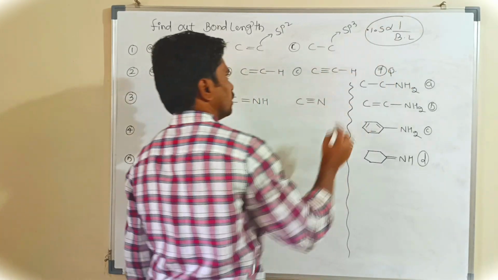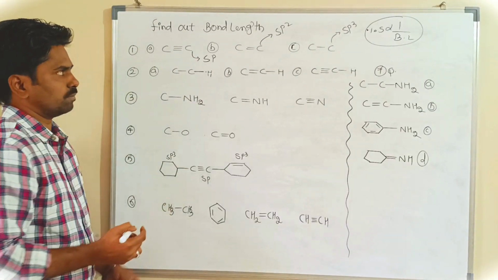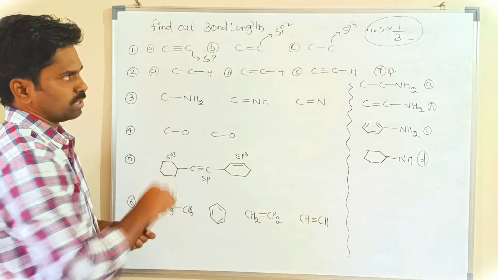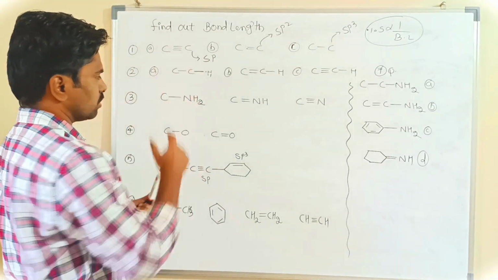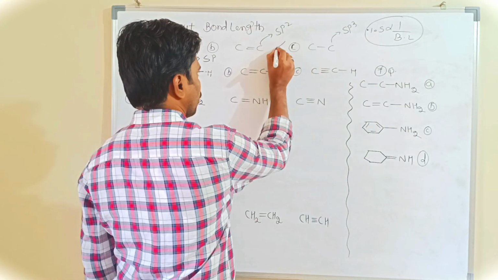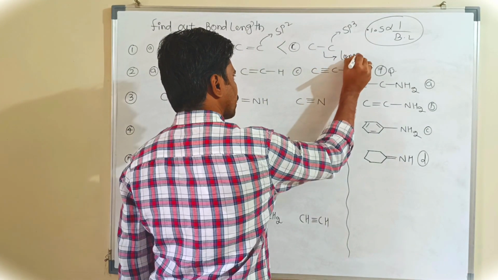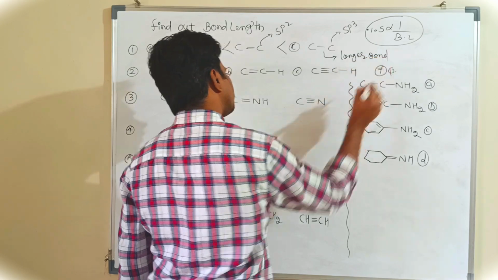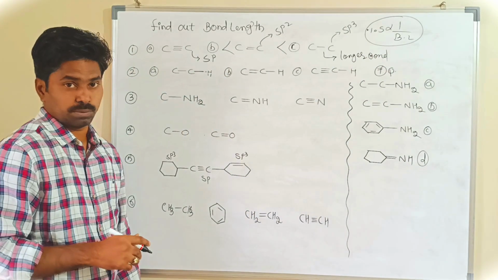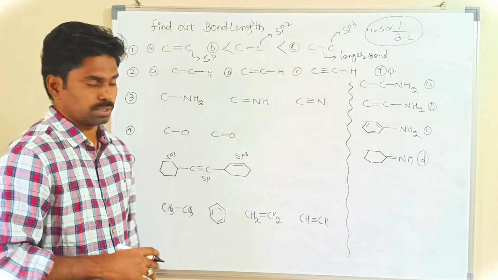The percentage of s character is 50% in sp hybridization, so automatically this bond is shorter and this one is a longer bond, because with sp3 hybridization the percentage of s character is 25%.